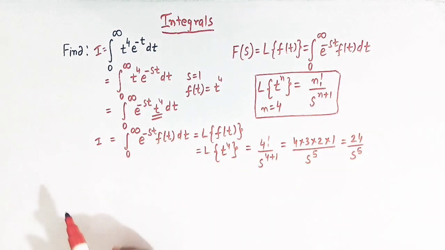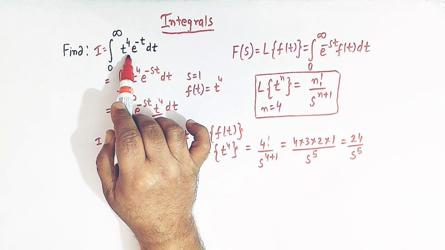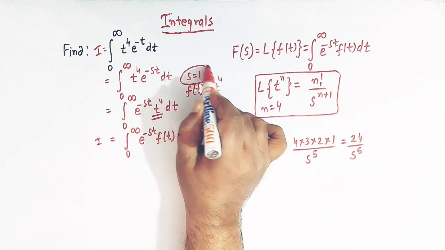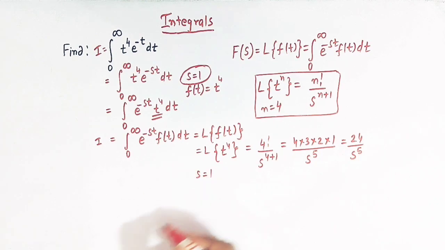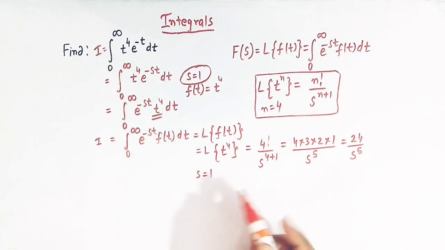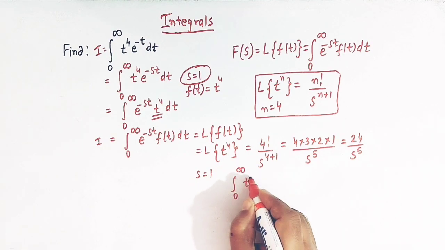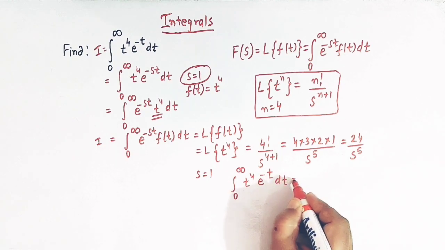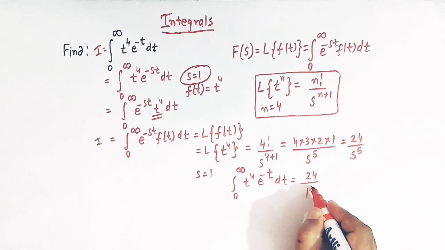Now here we wish to find the value of this integral, so we will again replace s by 1. Taking s equal to 1, we get the integral 0 to infinity t raised to 4 e raised to minus t dt, and this is 24 divided by 1 raised to 5.